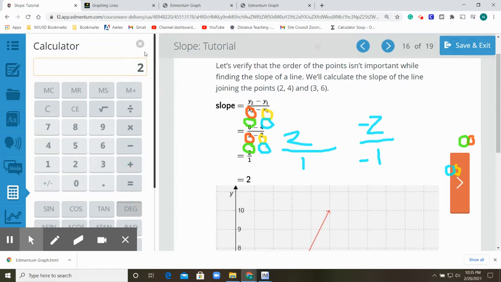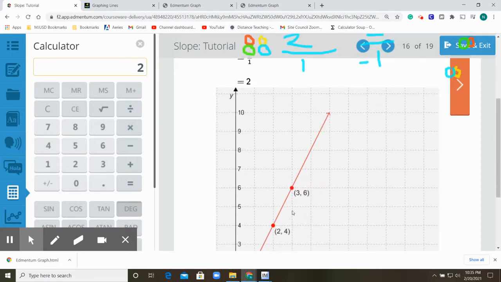If you're ever concerned or think maybe you didn't do it right, check it out. See if it works. Part of this explains why a negative divided by a negative is a positive.